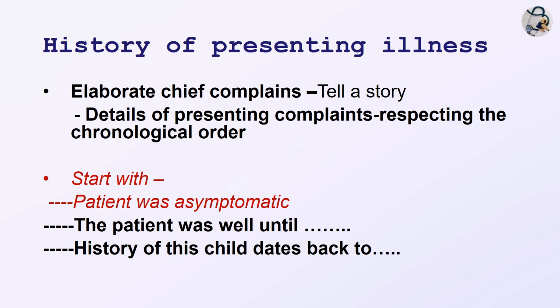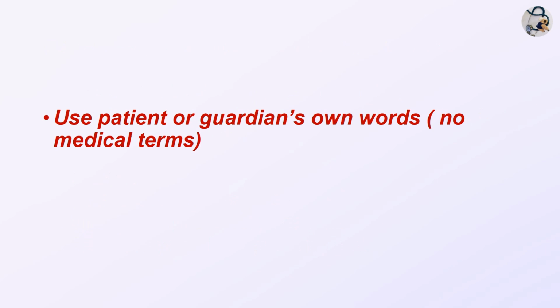Or you can say, history of this child dates back to this day. And that way you can start elaborating your chief complaint. Always try to use the patient's or guardian's own words. While presenting the history of presenting illness, you should not use any medical terms.